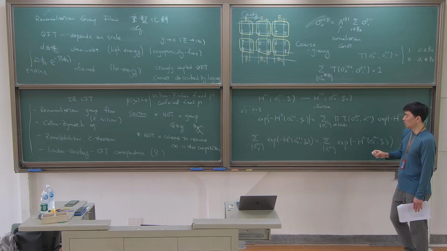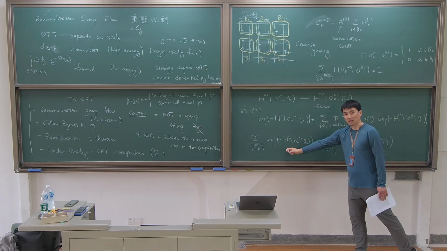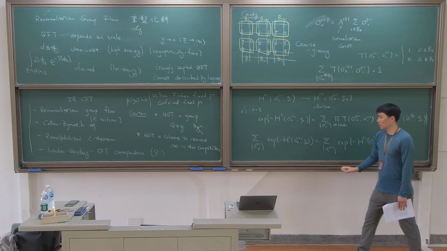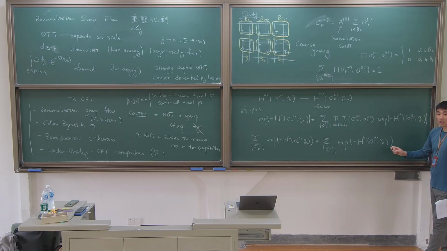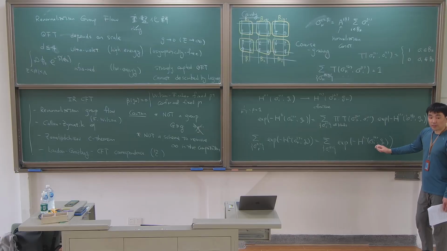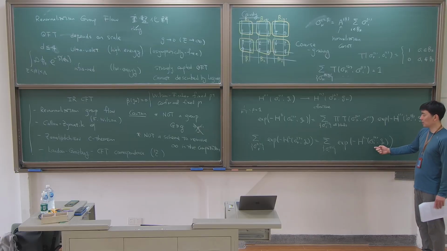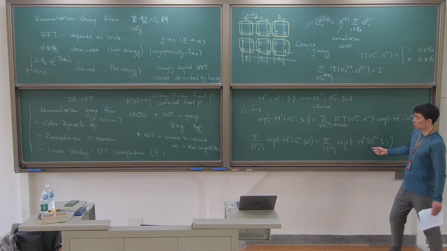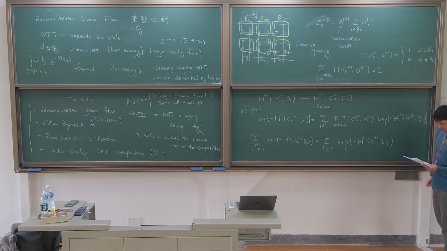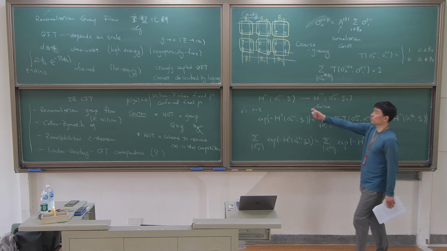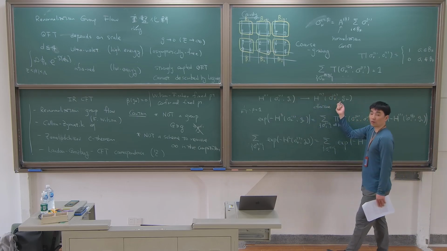Therefore, the average of the Boltzmann weight of the coarse grain one is equal to the microscopic average of all the possible Boltzmann weights in the microscopic Hamiltonian. This is microscopic; this is a bit more macroscopic, coarse grain. In this way, one can construct the coarse grain Hamiltonian from the microscopic Hamiltonian.